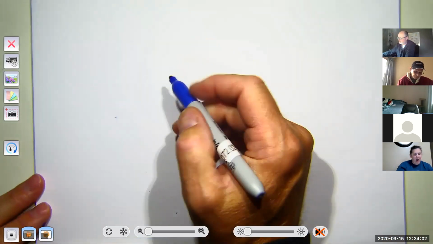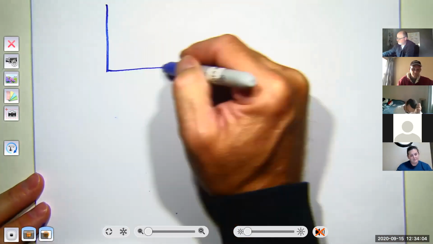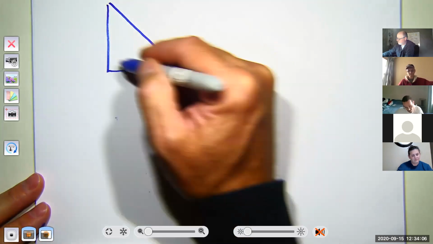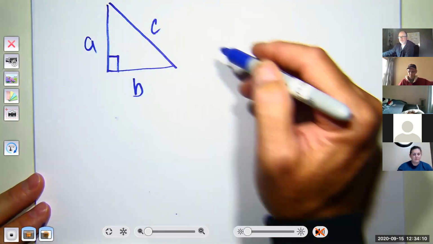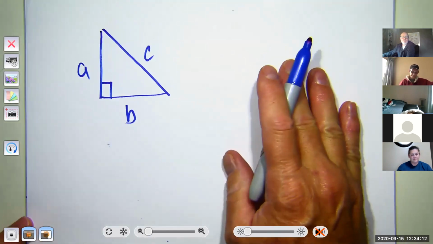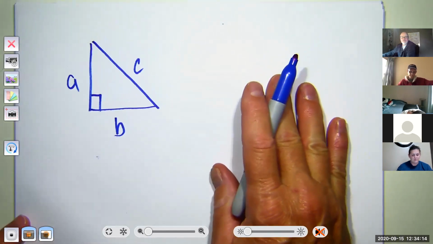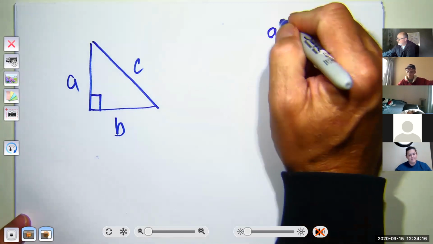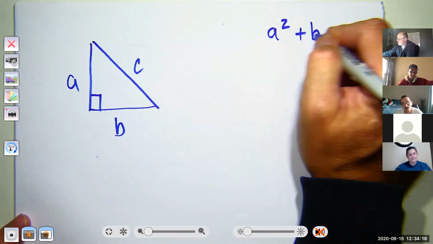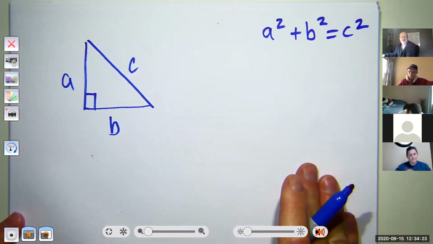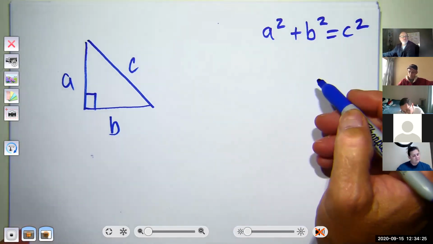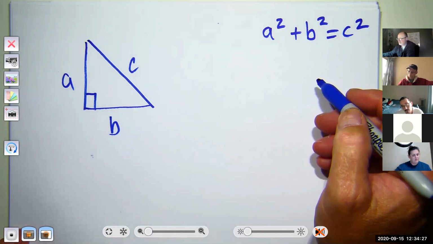Okay. New sheet. Right angle triangle. A, B, C. Now, part of our job is also to be able to manipulate the formula. I'm going to tell you how to solve for different letters.